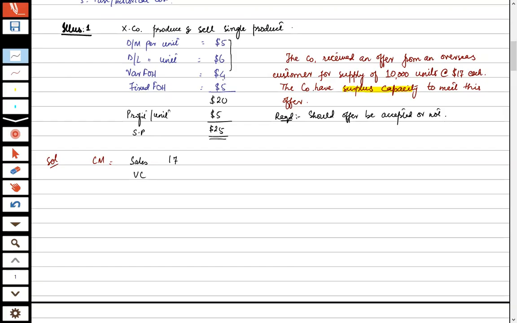They total 15. Is it 15? Shouldn't it be 4? 5, 6, and 4. Total variable cost.